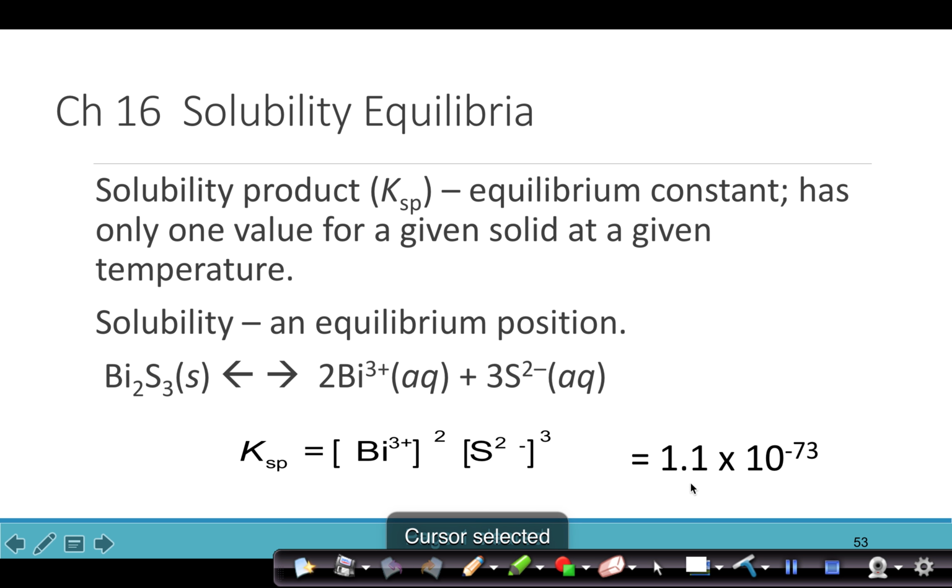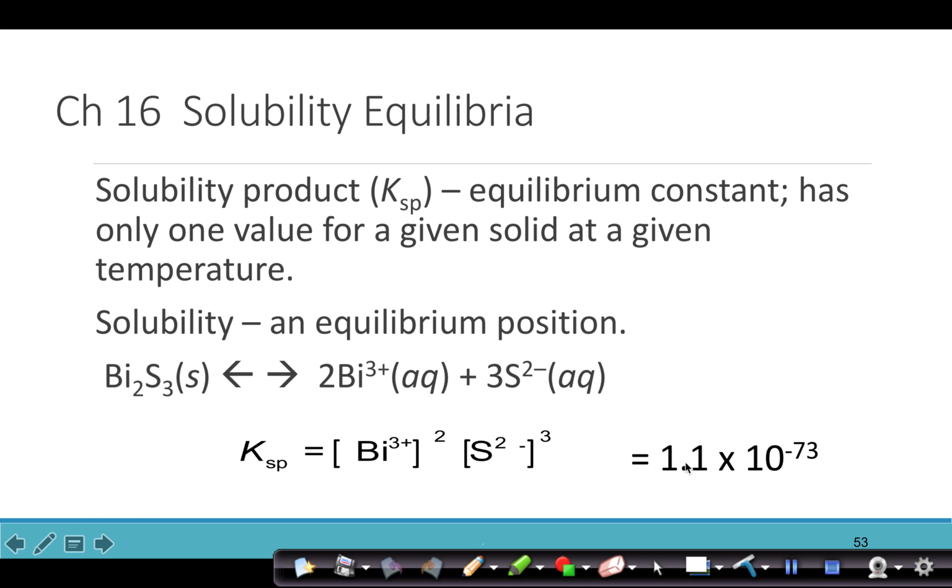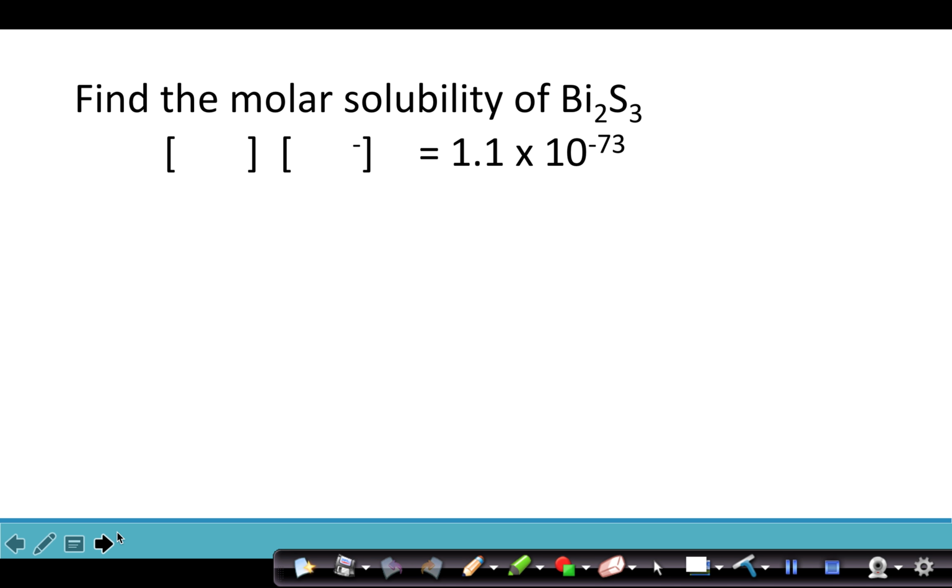So when we're talking about KSP, again, this is going to be the concentration of the bismuth ions times the concentration of the sulfide ions raised to the power of their coefficients is always going to come out to that amount. That's the maximum amount that we can get to dissolve. So whatever we put in for one, the other one will multiply by it to get to 1.1 times 10 to the negative 73. We can use this expression to find what's called the molar solubility.